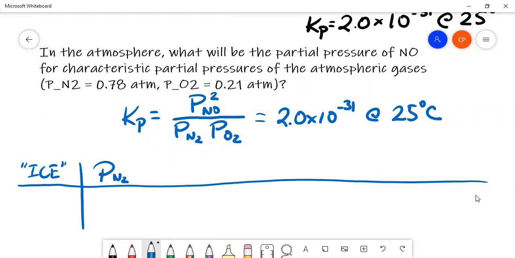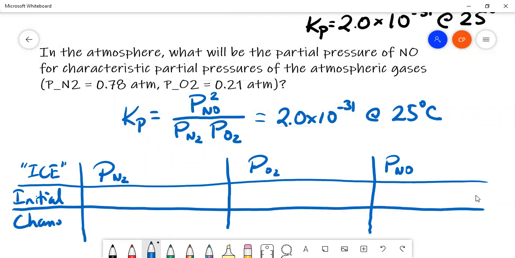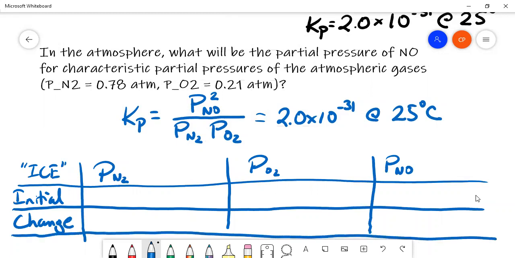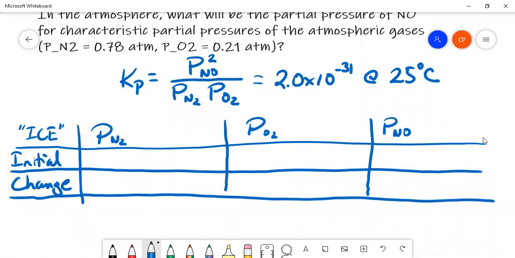Pressure of N2, pressure of O2, pressure of NO. First row is initial. Second row is change. I never give myself enough room to write these things out initially. Third row is equilibrium.